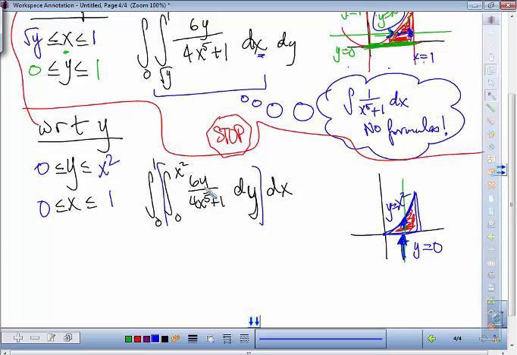So x is constant. The whole denominator has no y's in it, so I can just move that out and leave it out for a little while, and just 6y. What's the antiderivative of 6y? 3y squared, right? So 3y squared, the whole denominator didn't change.